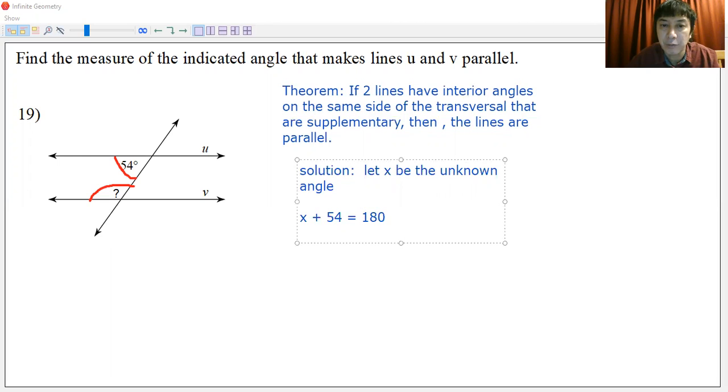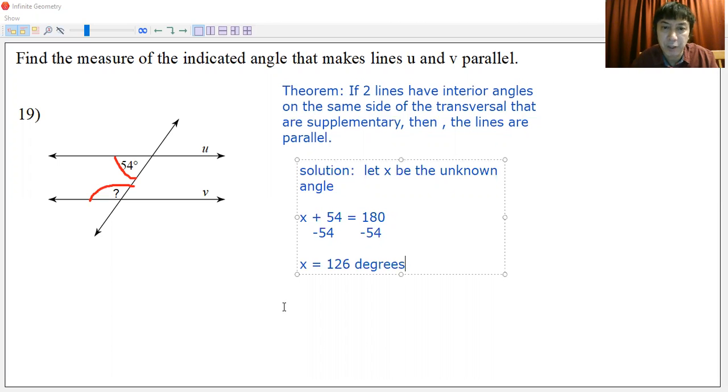We start by subtracting the 54 from both sides. And so x must be equal to, how much is that, 10 minus 4, 6, that becomes 126 degrees. We're talking about angle measure here for x.